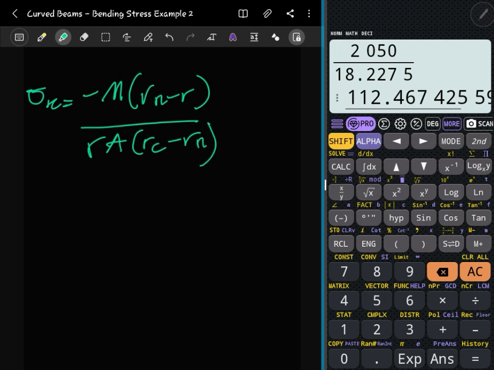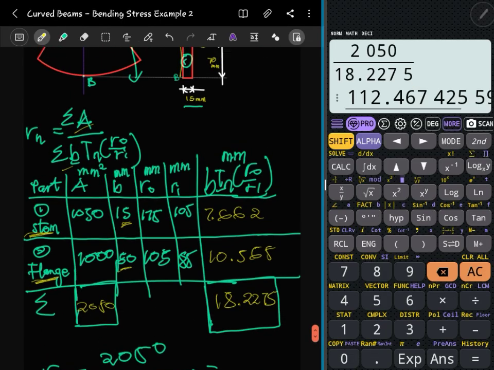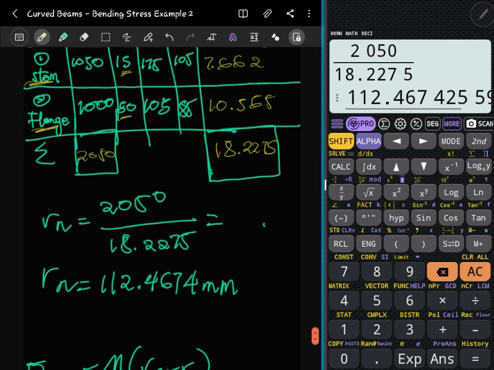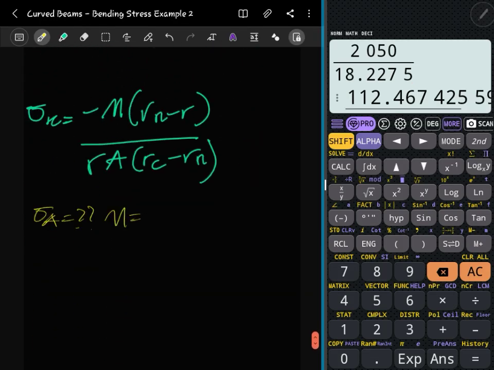If we are trying to find the bending stress at A, M will be the same throughout. What do we have for M? Our M is 2700 Newton meter.